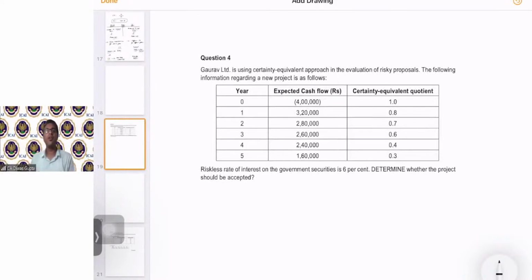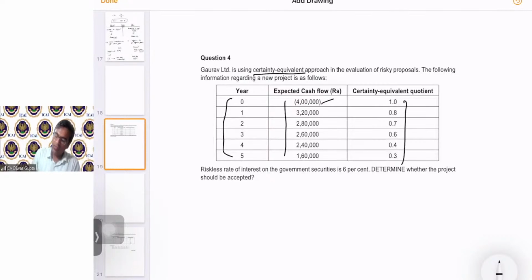Let's come to question number 4. Question number 4 says Gaurav Limited is using the certainty equivalent approach in the evaluation of risky proposals. So they have mentioned that the approach is the certainty equivalent approach. The following information regarding a new project is as follows. Year wise, they have given the cash flows. First is outflow and the rest all is inflow.